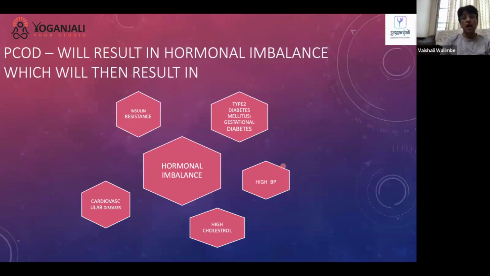Then there is a problem of high BP, high cholesterol, cardiovascular diseases, and I have not written it over here, but also cancer. Cancer also can be one of the consequences of PCOD, of hormonal imbalance.